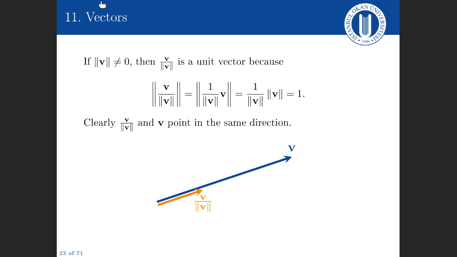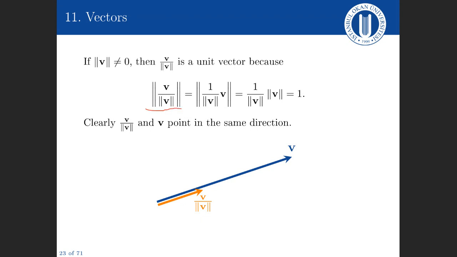If the norm of v is not equal to 0, in other words, if v is not the 0 vector, then v divided by the norm of v is always a unit vector. How do we know this?